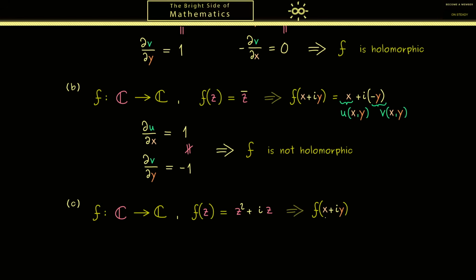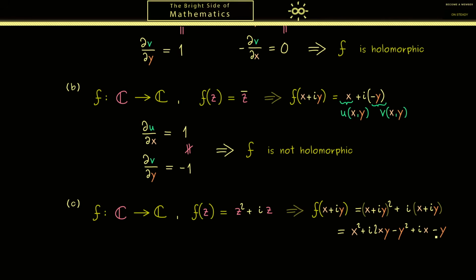Now, by writing x plus iy instead of z, we actually have something to do now. Because in this expression here, we don't see immediately the real and the imaginary part. We first have to calculate a little bit. However, that's not so complicated, we simply can do the whole calculation here. So we have x squared plus i times 2 times xy minus y squared from the binomial plus i times x and minus y.